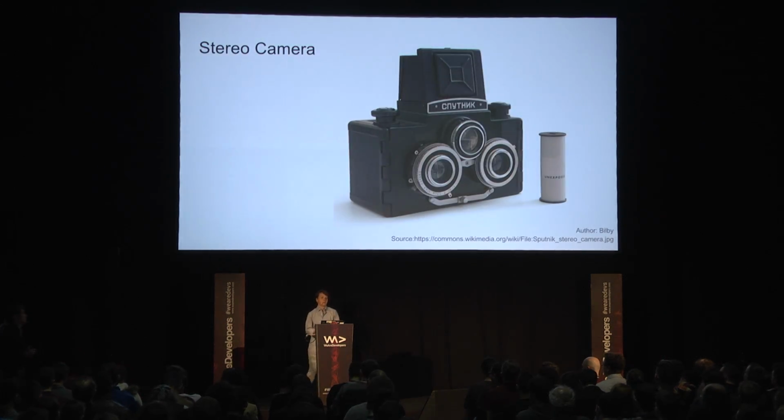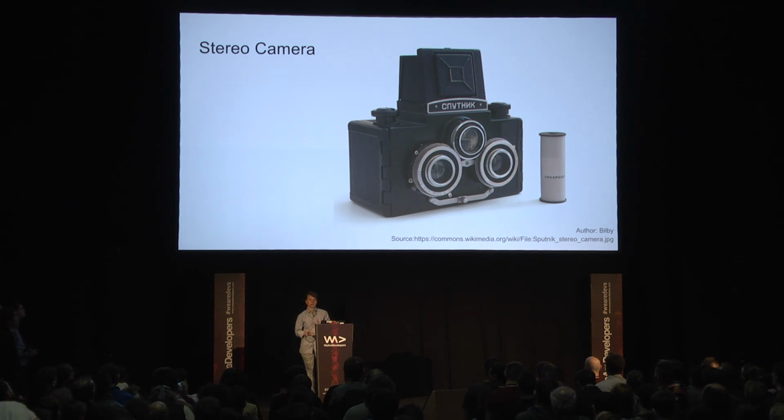So, nothing new under the sun. Cardboard, volumetric and stereo images are dated. This is an example of a stereo camera from the middle of the 20th century, but the first one was produced in the 19th century. It has two lenses, so it shoots two perspectives, and you have a stereo perspective in the frame.